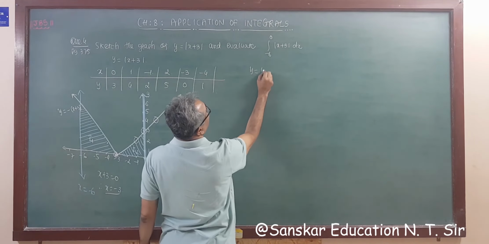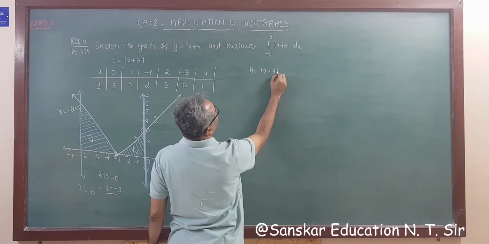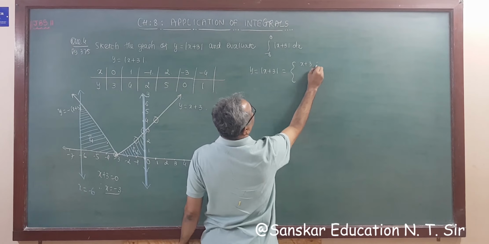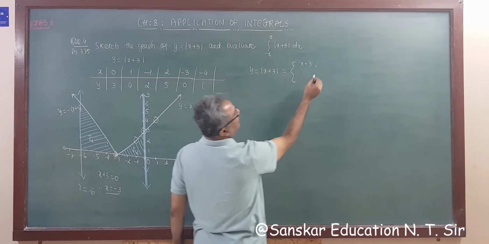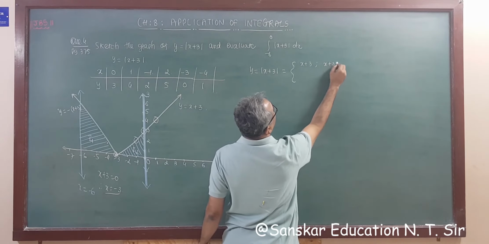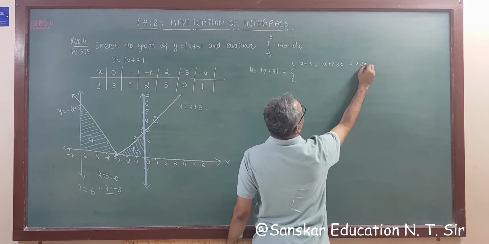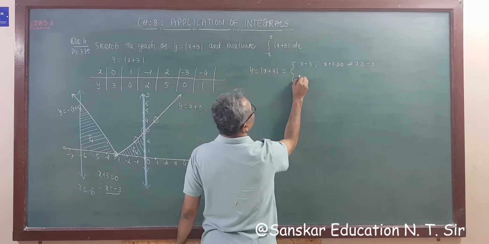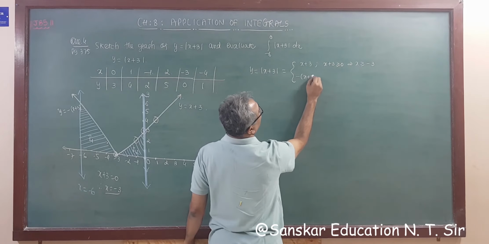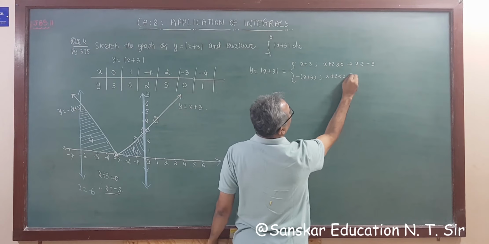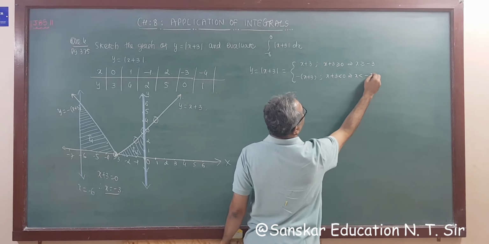So y is equal to mod x plus 3. The answer is x plus 3 if this is greater than or equal to 0, that is x plus 3 greater or equal to 0, which implies x is greater or equal to minus 3. The answer is negative if x plus 3 is less than 0, that is x is less than minus 3.